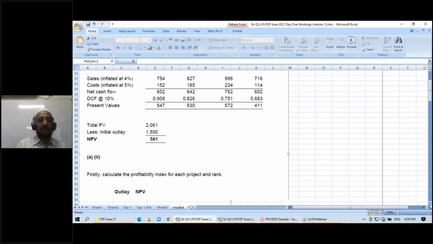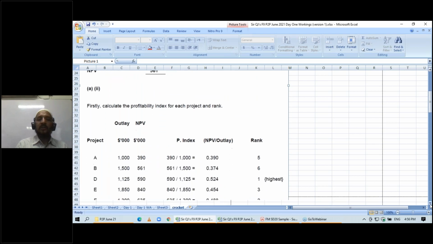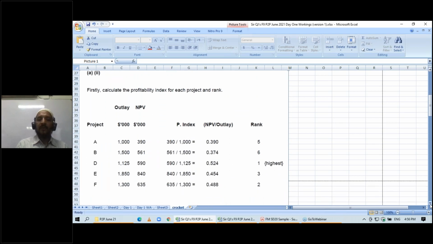Then the calculation of profitability index, NPV per initial investment amount, and the ranking.